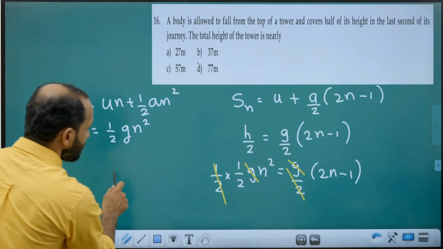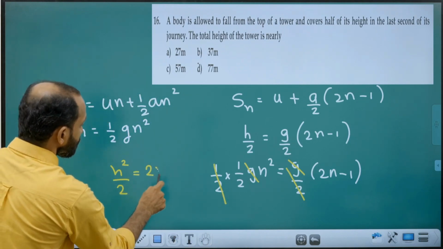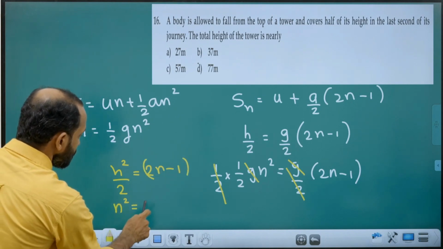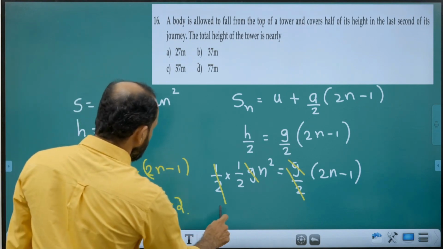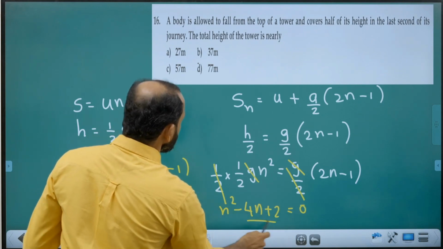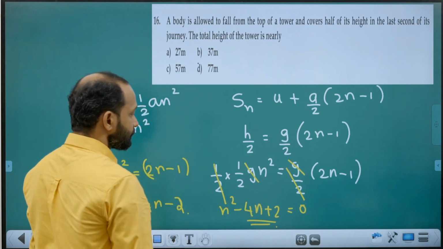So you get n square by 2 is equal to 2n minus 1. That is n square is equal to 4n minus 2, so that n square minus 4n plus 2 is equal to 0. Now you can find the value of n.